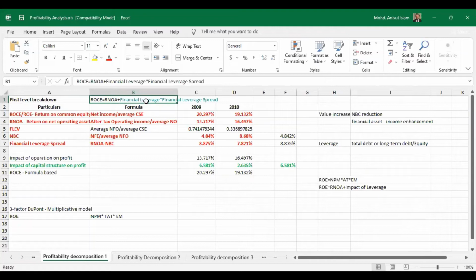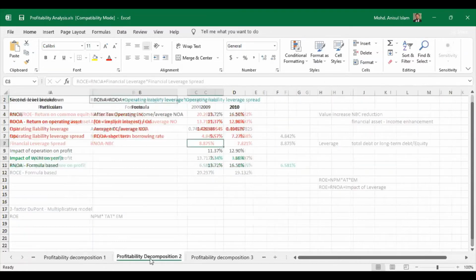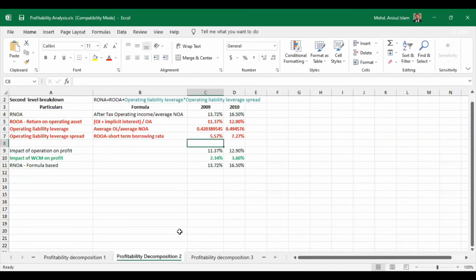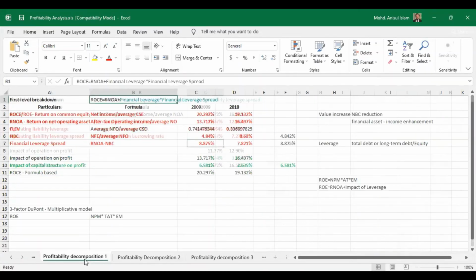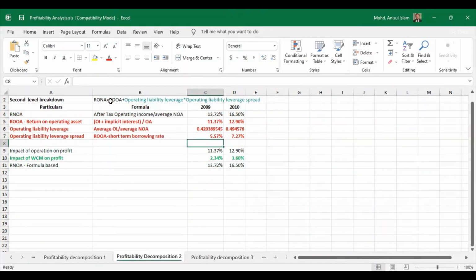But in the level 2 breakdown, we concentrate on a further breakdown of this return on net operating asset. So here you see the equations we'll be using for the level 2 breakdown for decomposing the profitability. Here we'd like to know the role of working capital management.